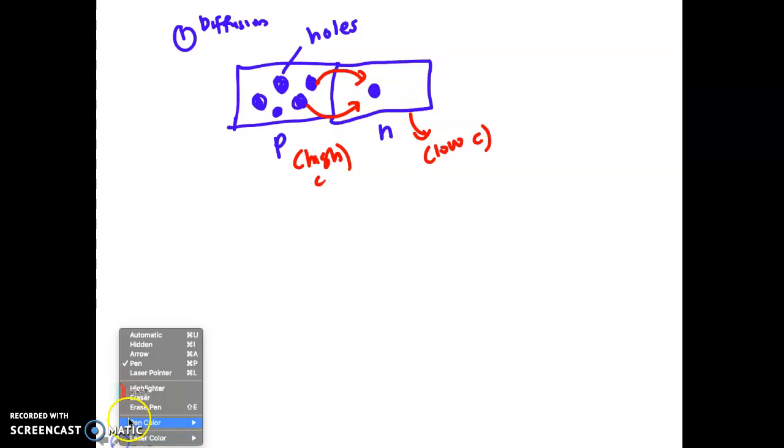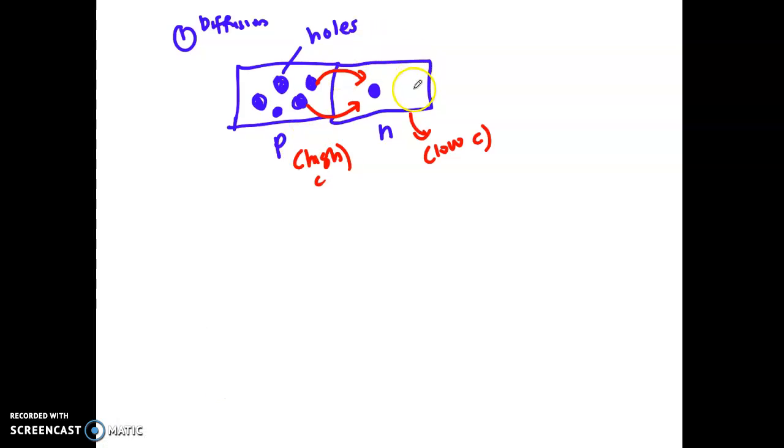Now what will happen to the electrons? The majority carrier for your n-type is electron. So let's say the purple here is electron. You have a lot of electrons in your n-type, but you only have one electron as minority carrier in your p-type. So your electrons start to move from n to p. How can we denote this?